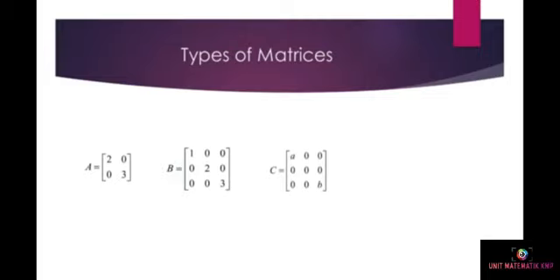Let matrix A be a 2 by 2 matrix. The diagonal entries are 2, 3. Matrix B, the diagonal entries 1, 2, 3. And matrix C, A, 0, B.